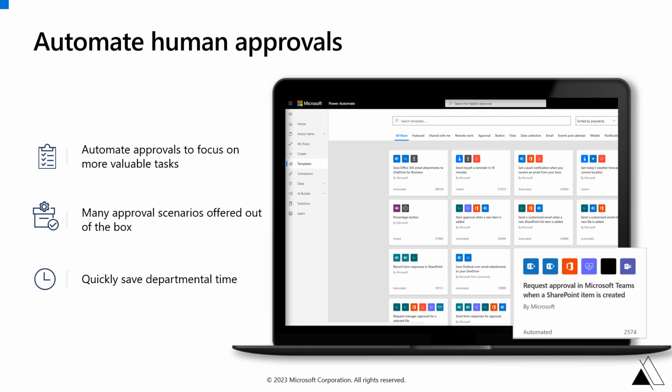Simply select the right scenario to match your needs, customize on top of one of the existing templates, or build your own approval flow from scratch. By automating approval processes, you're saving your organization time and improving your employees' efficiency and capacity.